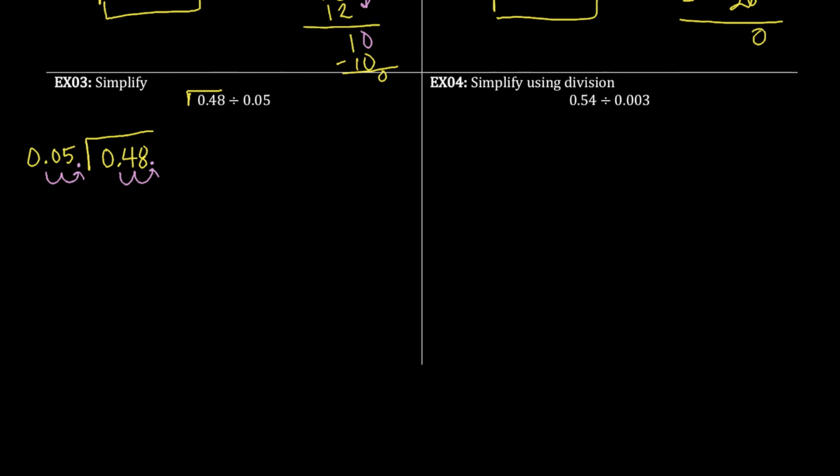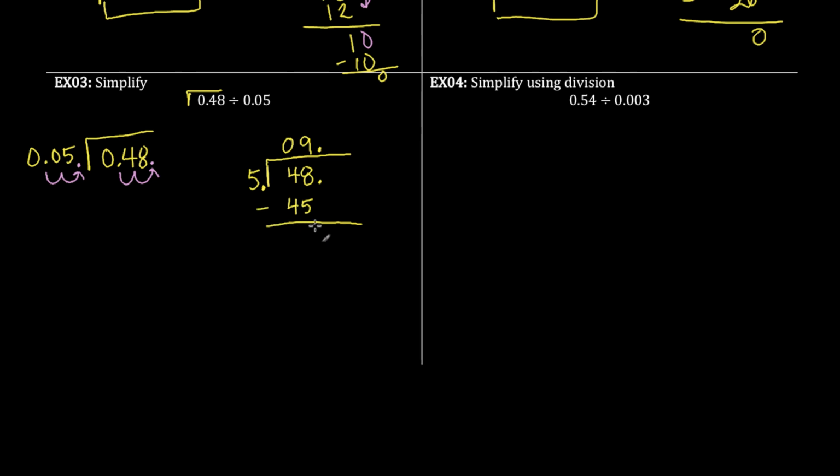And then we just do what we always do. So I'm going to rewrite this. And that just becomes 48. The decimal is here, which means it goes here. 5 goes into 4 0 times. 5 goes into 48 9 times. 5 times 9 is 45.